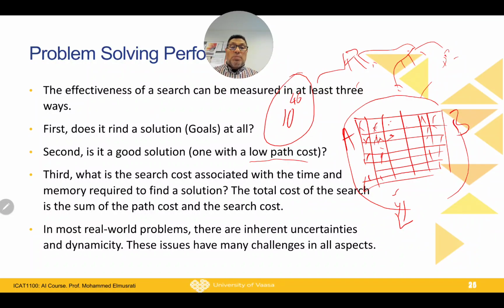So you need a huge memory and a huge time to solve this problem, maybe if you want to compute the exact way to move from the initial state to the goal state.